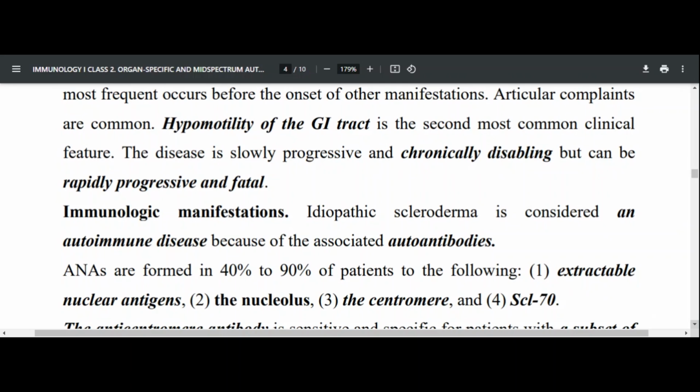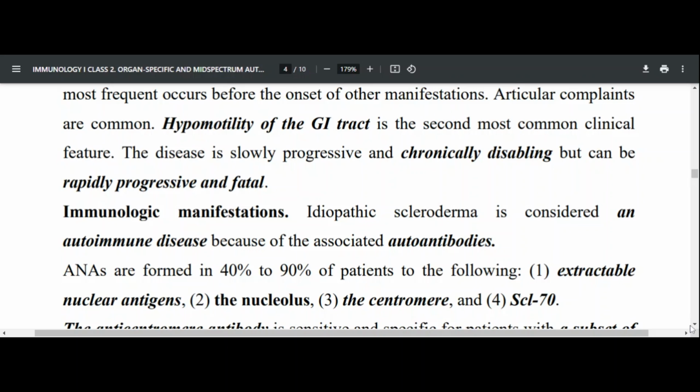The first is the anti-extractable nuclear antigen antibody. The second is the antinucleolar antibody, then the anticentromere antibody, and Scl-70. These four major antinuclear antibodies are seen in PSS patients.